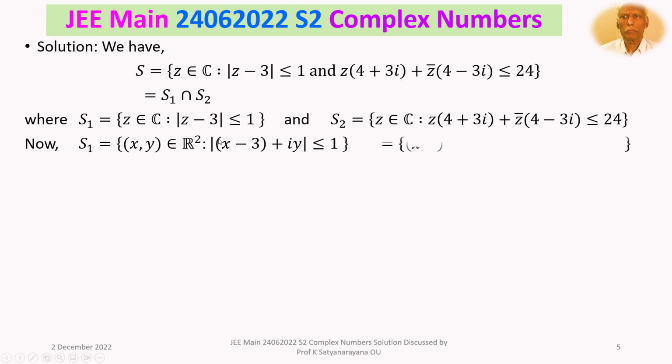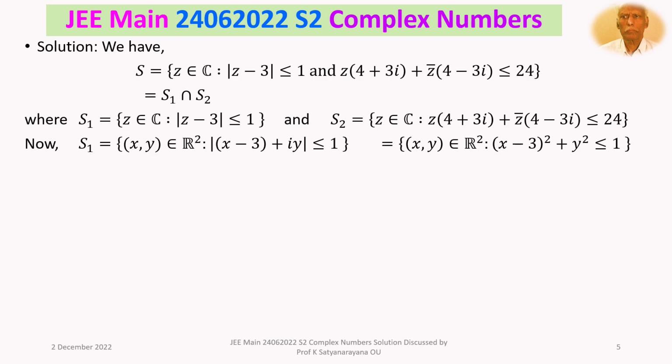Now, what is S1? S1 is this set. In this, put Z equal to x plus iy. Then you will get modulus of Z minus 3 as modulus of (x minus 3) plus iy, less than or equal to 1. That is the square root of (x minus 3) whole square plus y square.